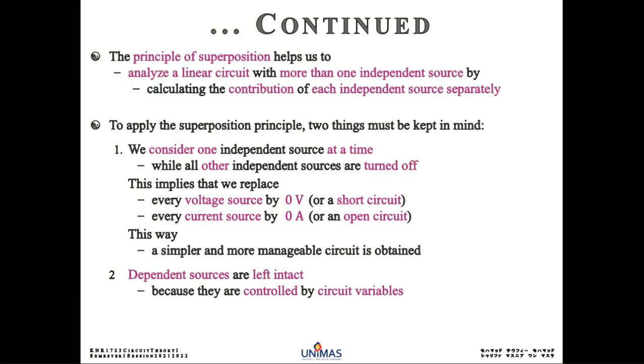So they are left intact because they are controlled by some other circuit variables. So if you have a dependent source, you cannot turn it off because it is dependent on the other element of the circuit. So I won't give you something that is that difficult. It will be all independent sources. So it makes your life easier, supposedly.